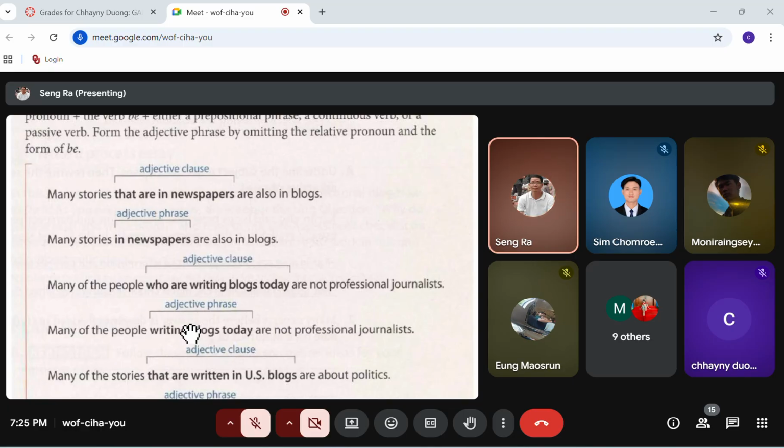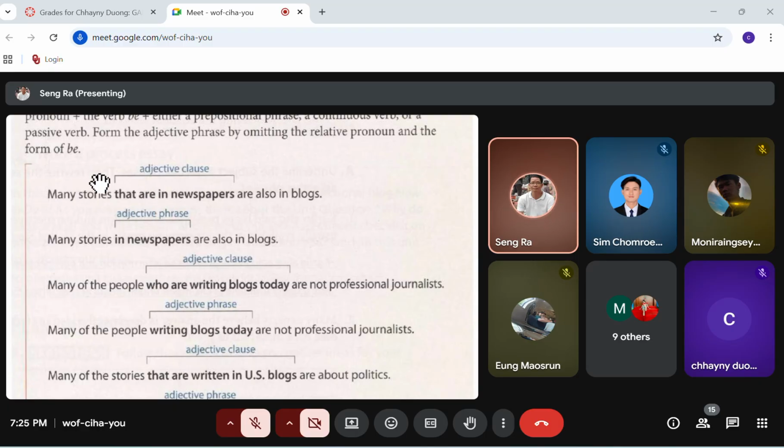You should find colors in your writing. You may sometimes use adjective clauses. You may sometimes use adjective phrases. So it's all about the style and the variations in the writing. And they're both correct.